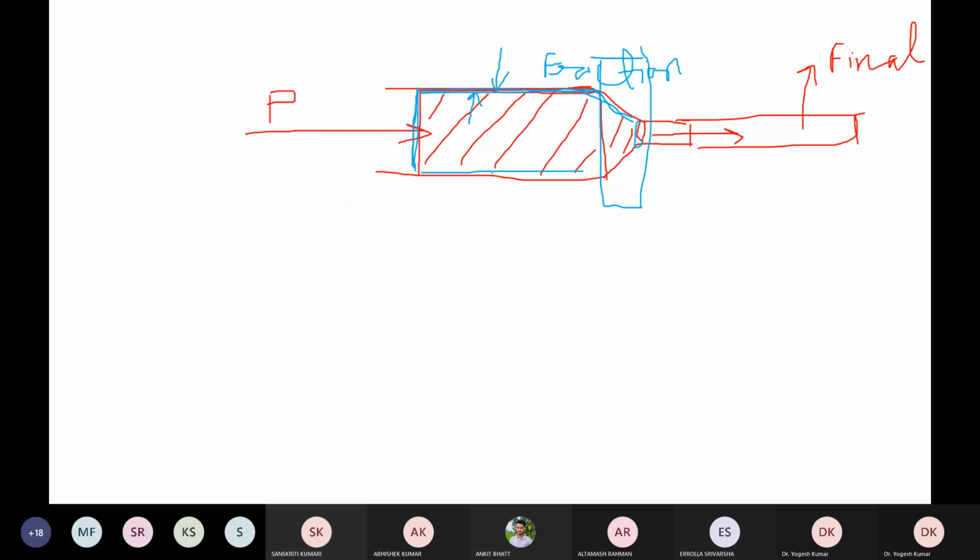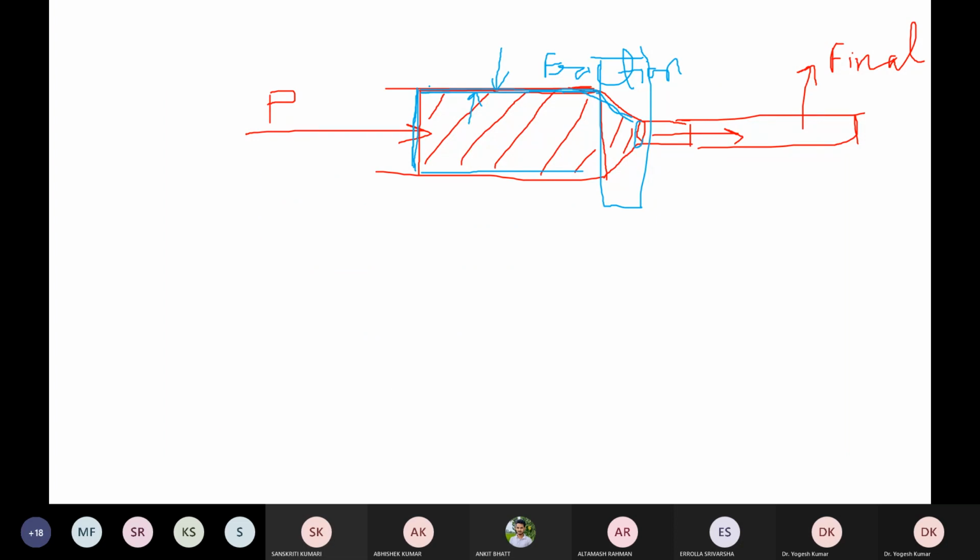For cold forming, it is fine, but think about the hot forming case, when you are deforming your material at a higher temperature, above the recrystallization temperature of your metal block. In that case, your tool and die are also heated.